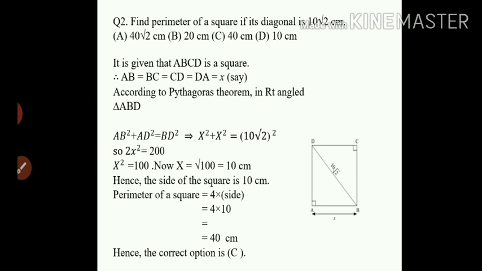When you divide 200 by 2, X square is 100. By taking the square root, root 100 is 10. That means the side of the square is 10. So the perimeter of the square is 4 multiplied by 10, because the formula is 4 into side. So the answer is 40 centimeter. Hence option C is the correct option.